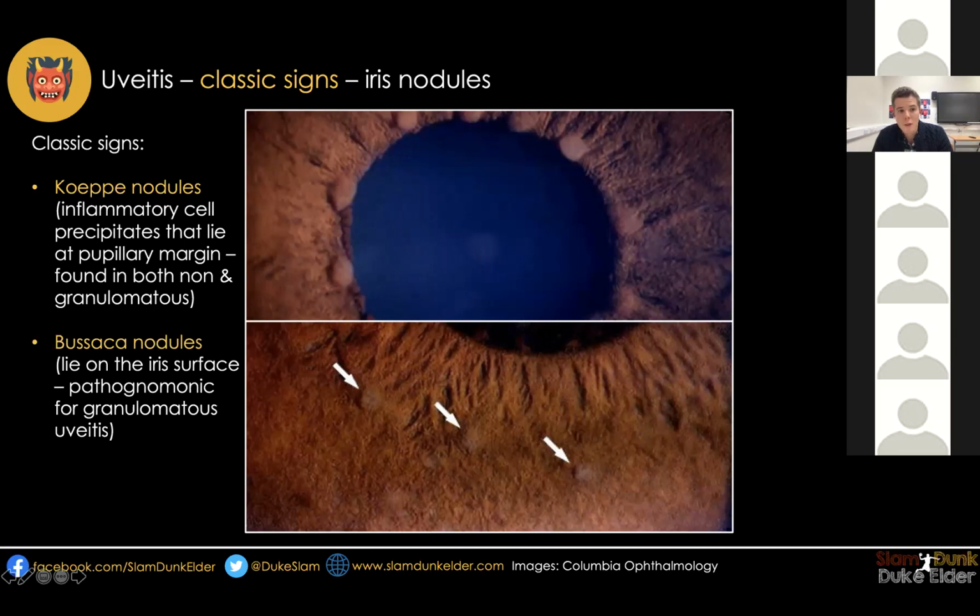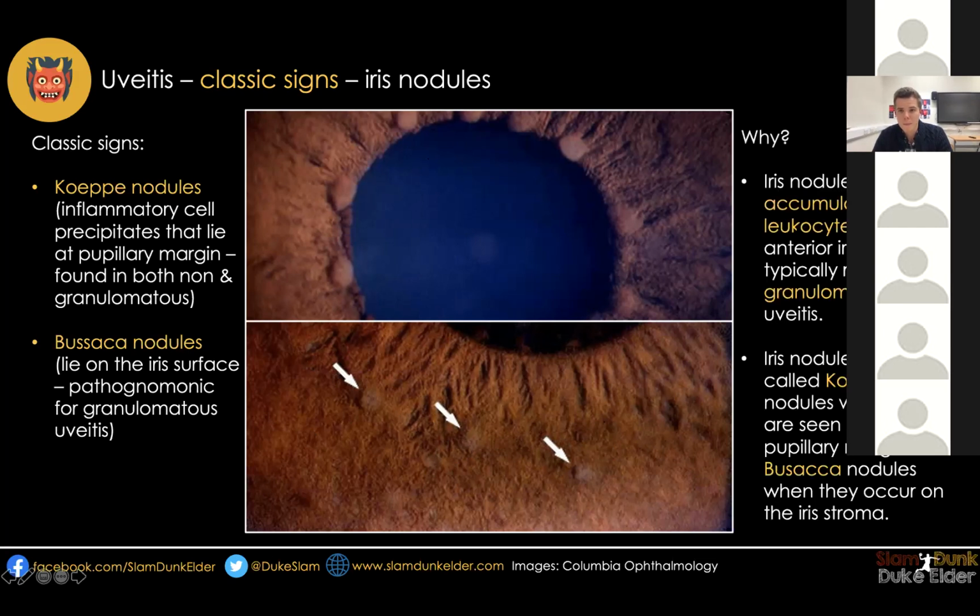And then we have Busacca nodules, which sit around the iris, and they look like craters more than anything. They'll create sometimes craters or little mounds, okay? So Koppe nodules are specifically around the aperture of the iris, and Busacca nodules are around the whole iris, as craters or bumps.